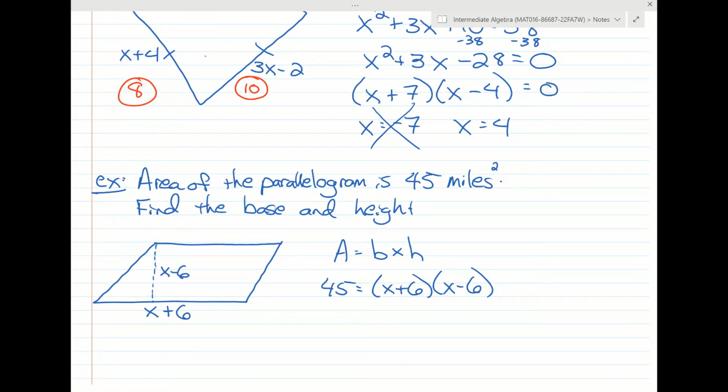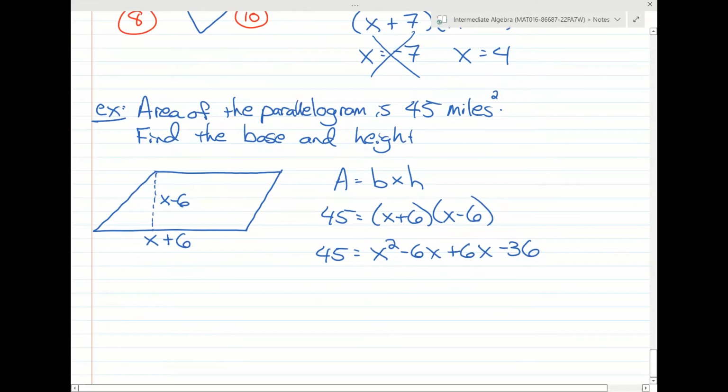So let's multiply it out, make it equal to 0, and then try to solve it. We'll bring the 45 over.